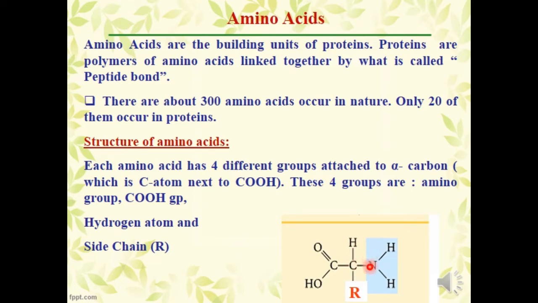The first one is hydrogen atom. The second one is carboxyl group. The third one is amino group, and then finally the side chain R. This side chain R will differentiate one amino acid from another. The rest, these 3 groups, are the same.